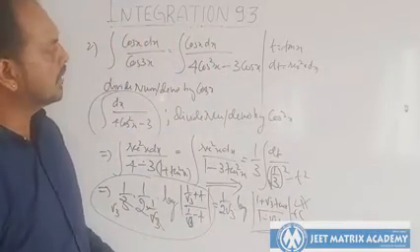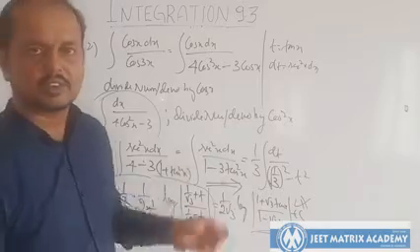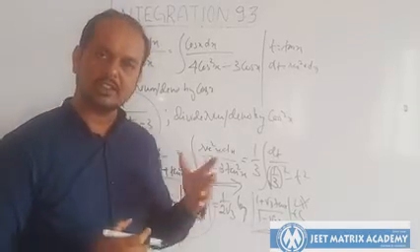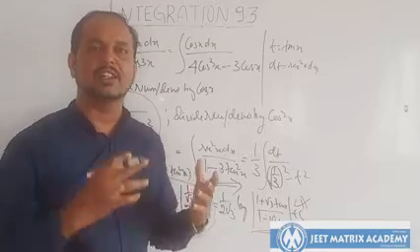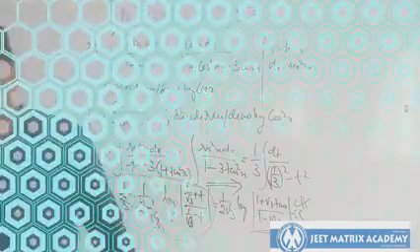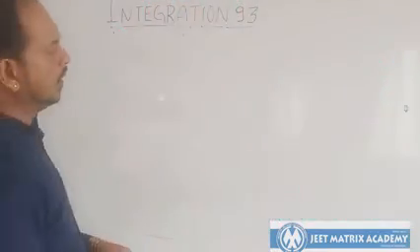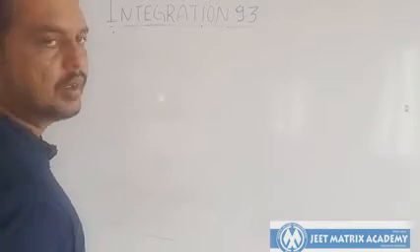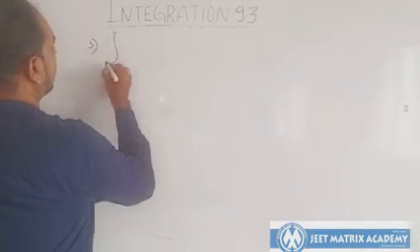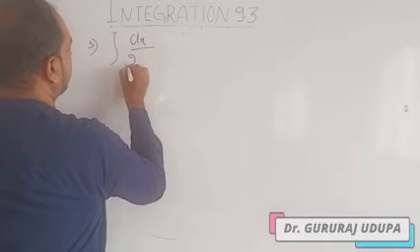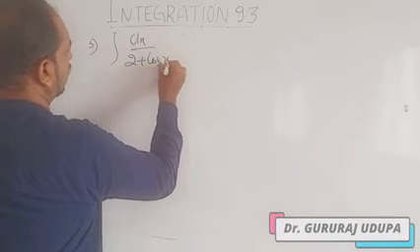So we'll see one more problem, so that we get practice on such kind of problems and you should have a hold. Last problem is integration of dx by 2 plus cos x.